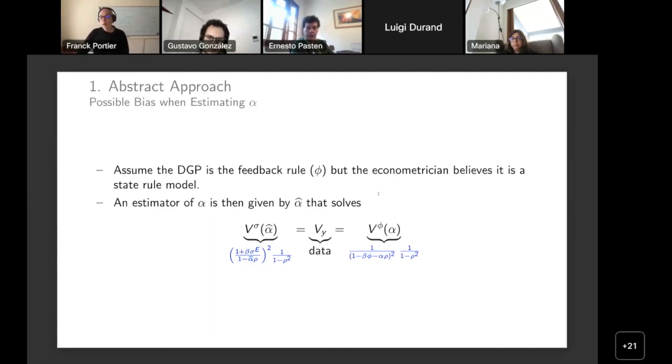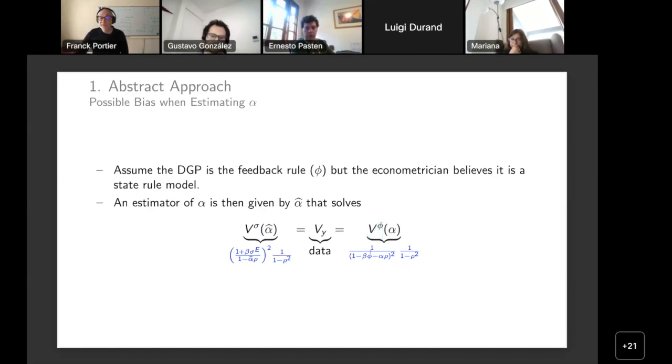Now, I know that if the DGP is a feedback rule, the variance of y is obtained from that formula, because the model is the feedback rule. So you see that this notation is the variance of y when I believe that the model is a state rule, and that's the variance of y when the model has a feedback rule.